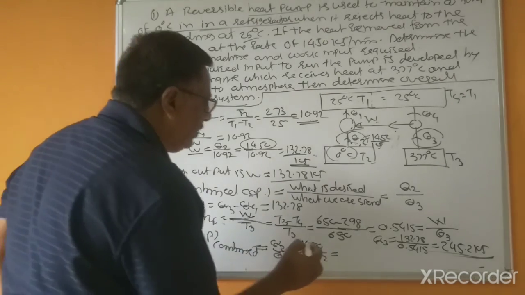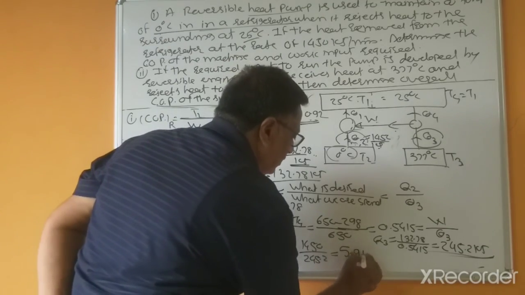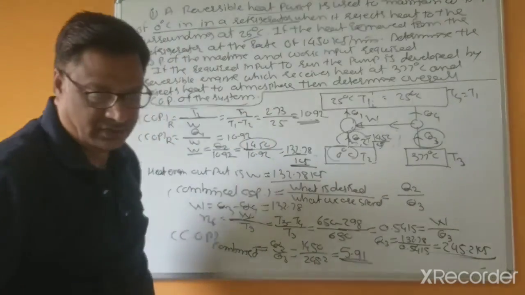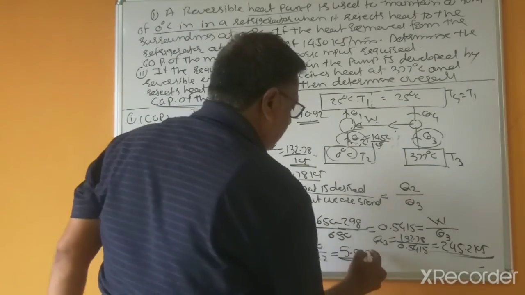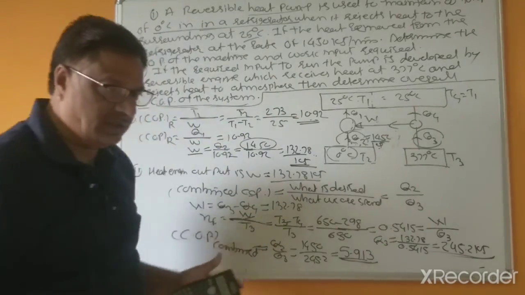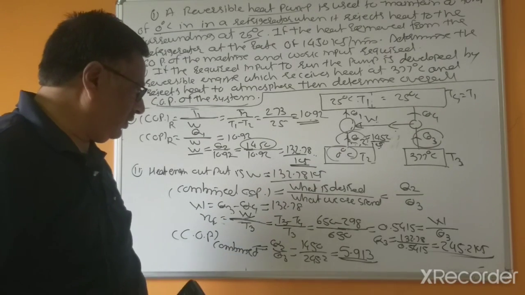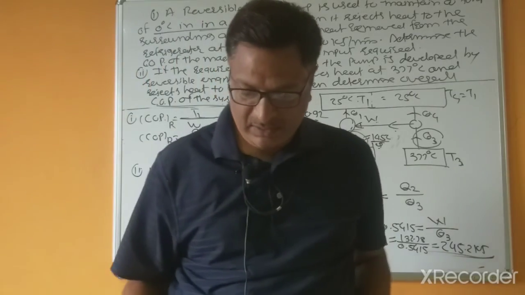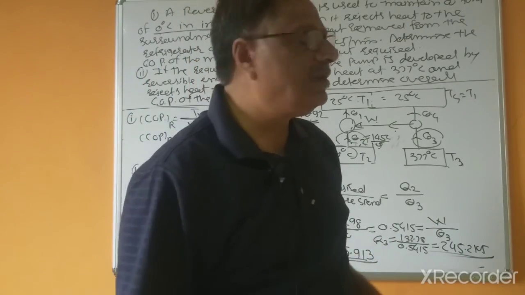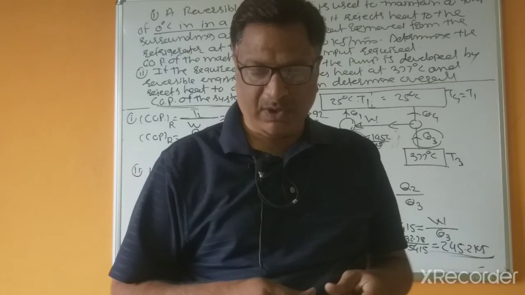This combined COP equal to 5.913. So this is your expected answer, 5.913. Now you can understand how we can solve problems related to the second law of thermodynamics.